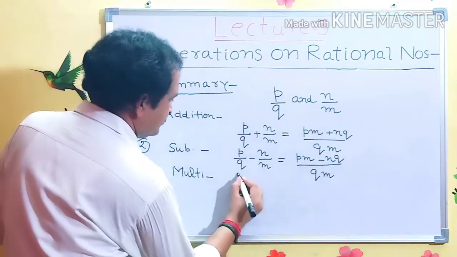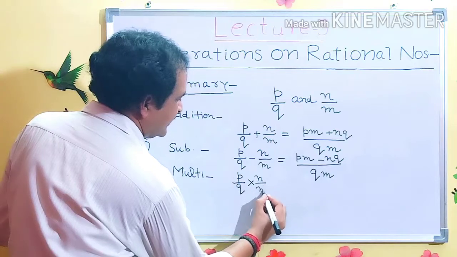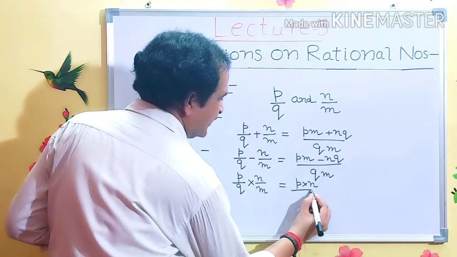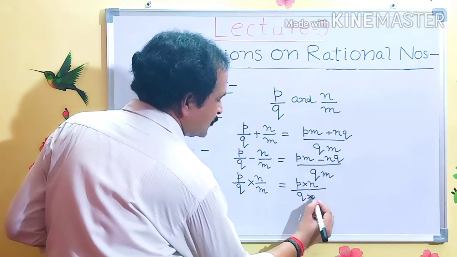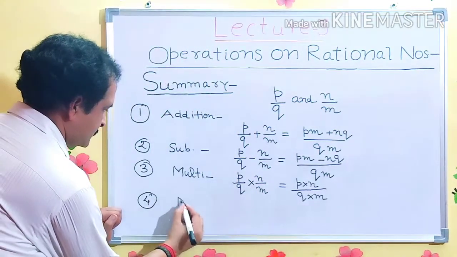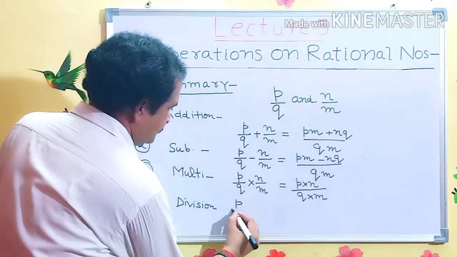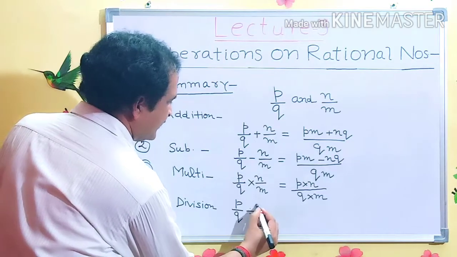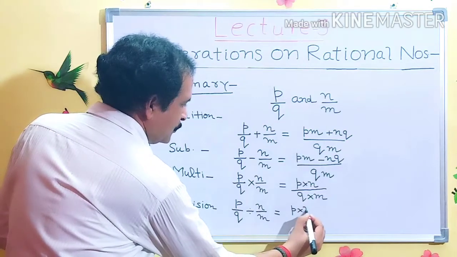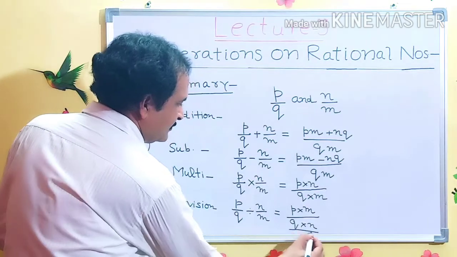Multiplication: p by q multiplied by n by m, the result is multiply the numerators, so p into n, upon multiply the denominators, so q into m. Division: p by q divided by n by m, the result is p into m upon q into n.